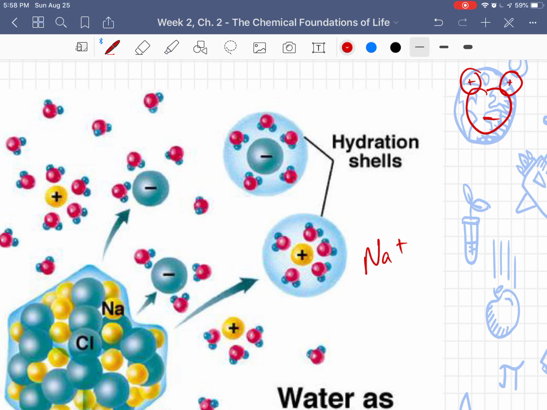Kind of looks like a frog more than it does Mickey right there. But our oxygens are negative. So if you look, you have a positive ion here, and the part of the water molecule that's being attracted to that positive ion is the negative oxygen, right? So opposites attract. In this one, you have a negative chloride ion here, and the positive hydrogens are being attracted.